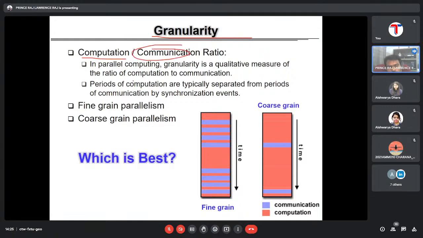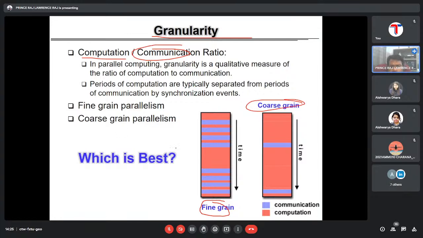So how much computation you are doing in between every communication, that is your granularity. Fine grain granularity means the communication is much higher, almost equal to computation. Coarse grain means the communication is very little and computation is more.